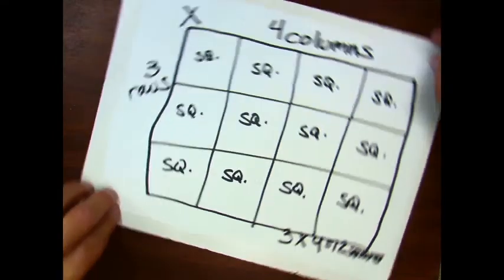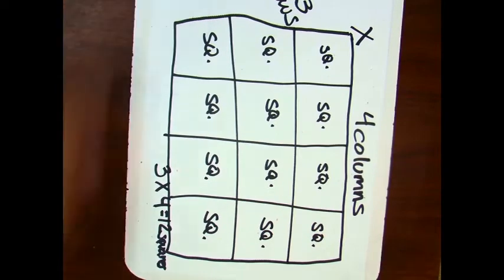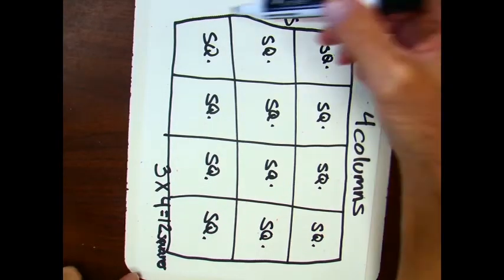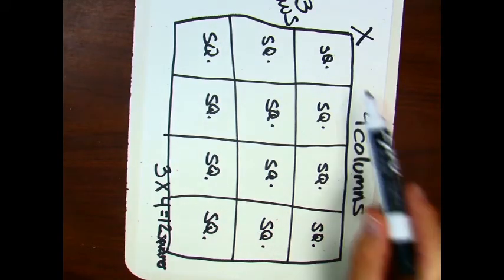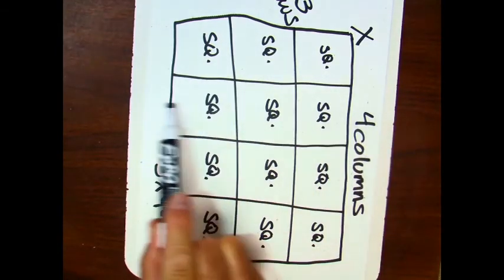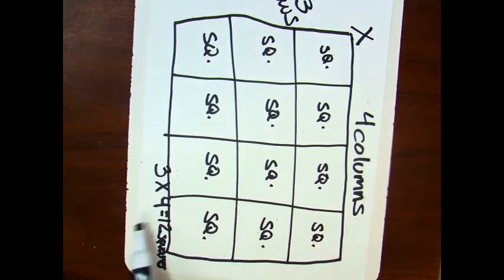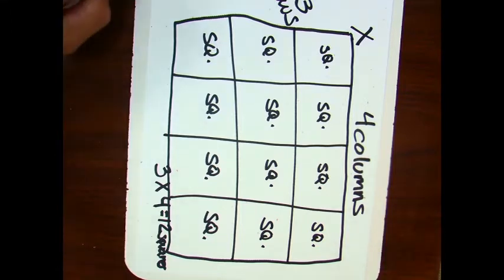What if I turn this way and I change our rows into columns and our columns into rows? How many squares do I have now? Have I taken any squares out? Have I added any squares? I have done none of that. I'm still using the same squares. We can express this in an equation also.